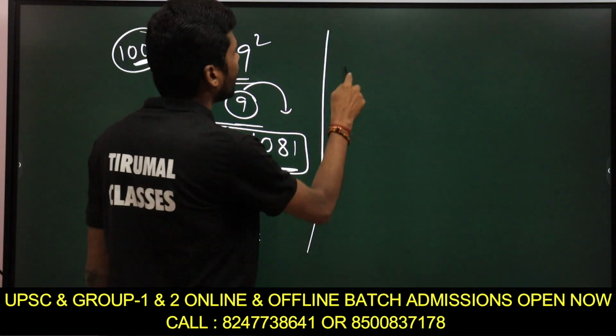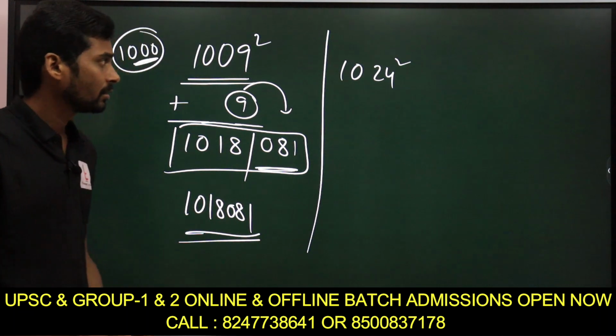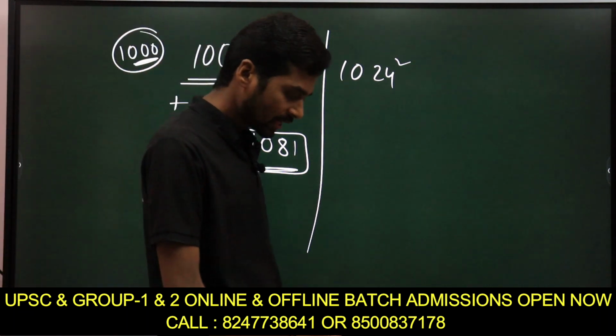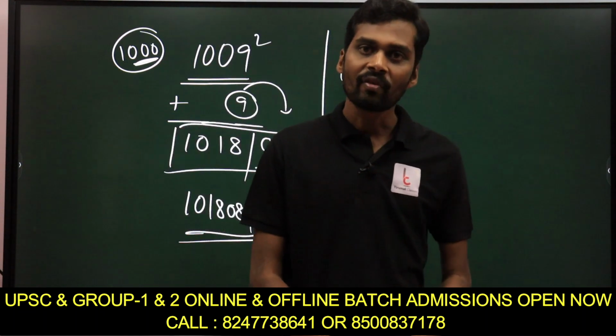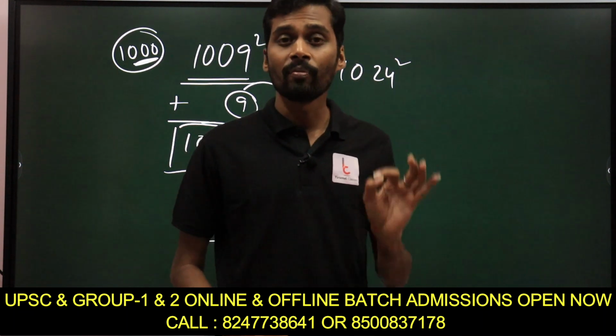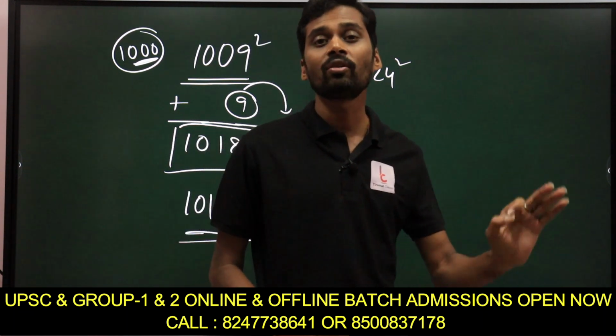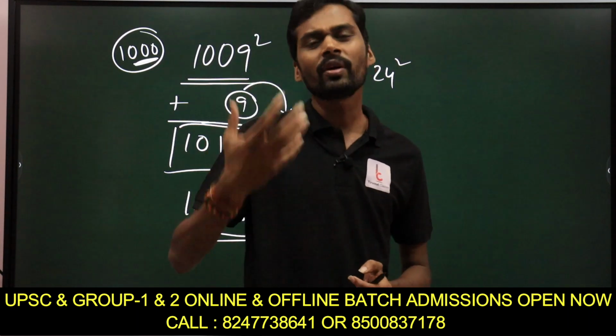Okay, let's look at the number 1024 square. What is the answer for 1024 square? Yes, 1048576. So you must remember by heart the squares from 1 to 30 minimum. This is very important.